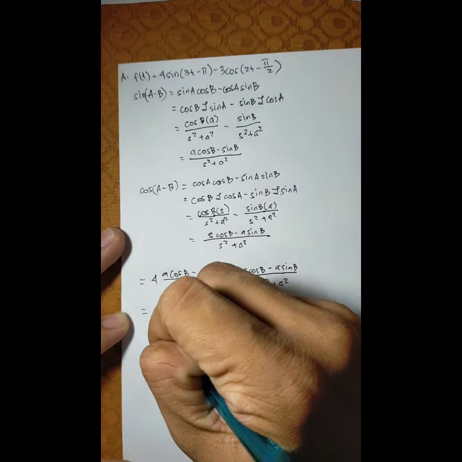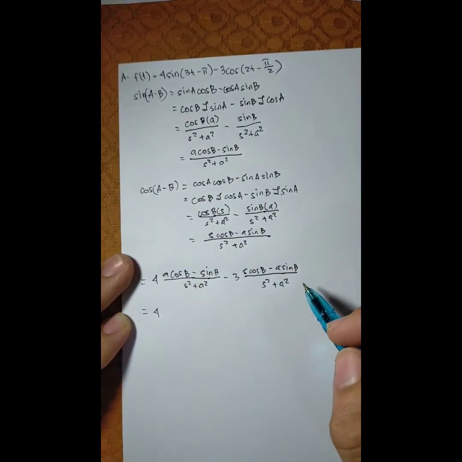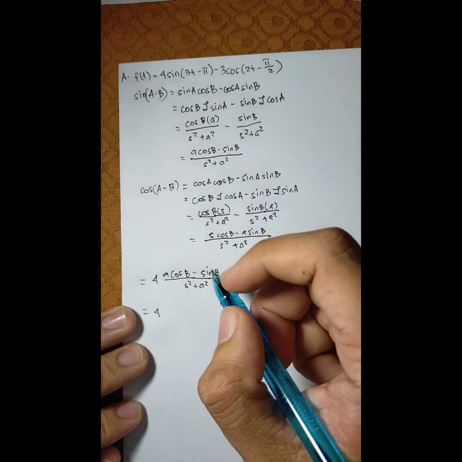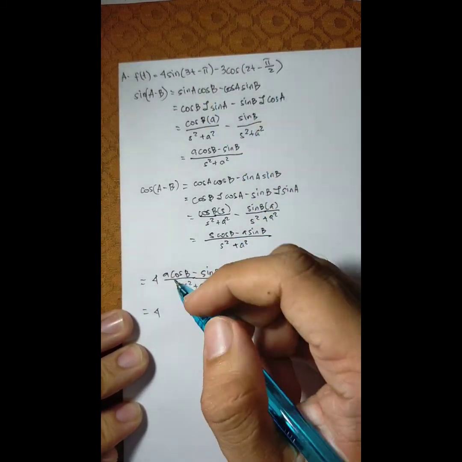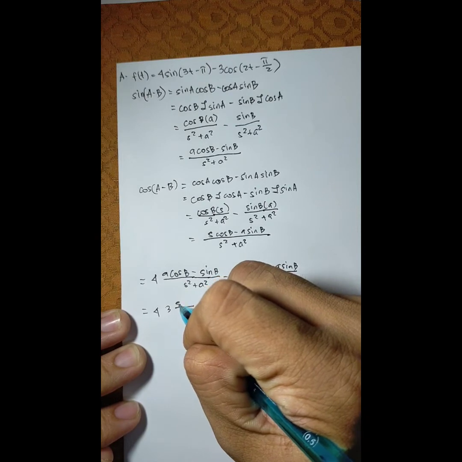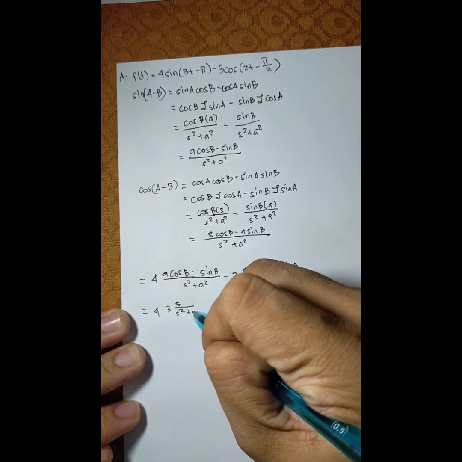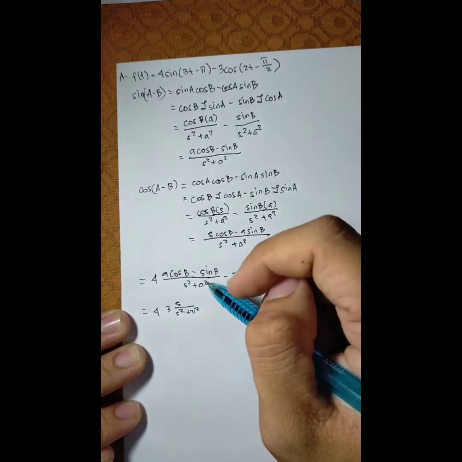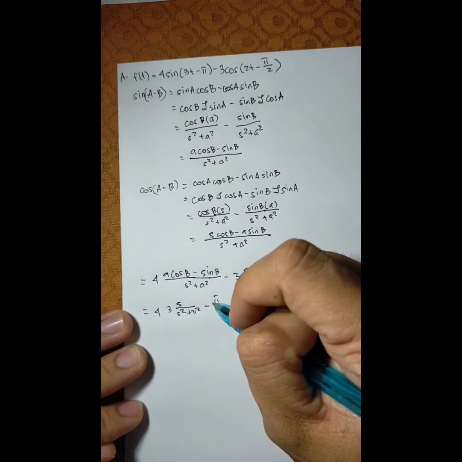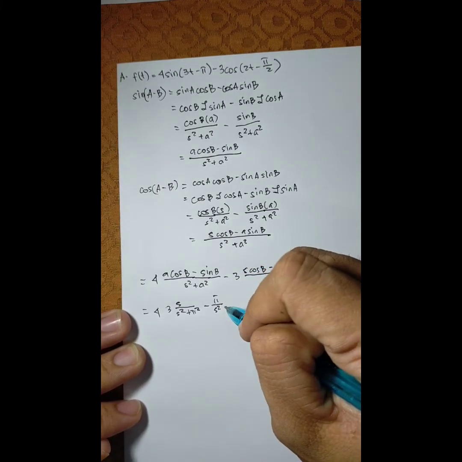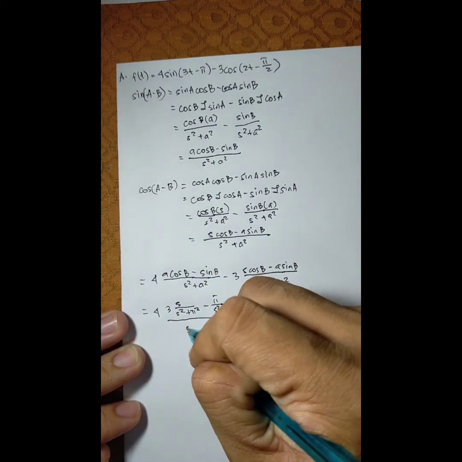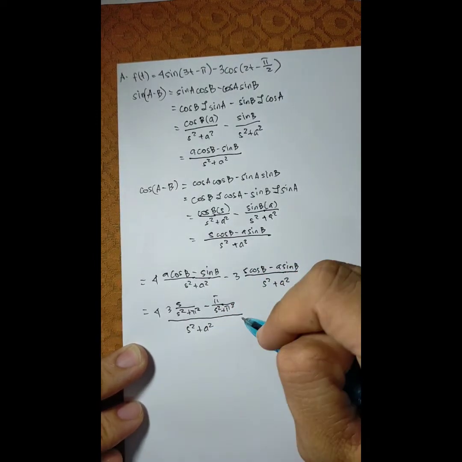This can be equal to 4, and 3, because in our given we have 3t, so 3s over s squared plus pi over 2, minus pi over s squared plus pi squared, all over s squared plus a squared, minus 3.